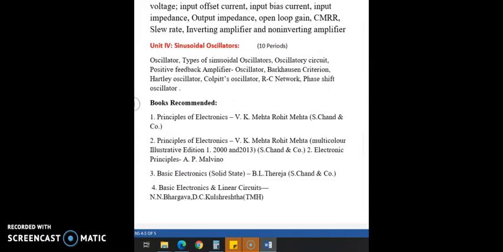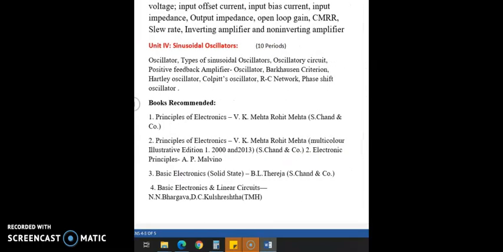By using these books, you can study in detail. Books are available in our college library, or you can purchase one or two copies for yourself.